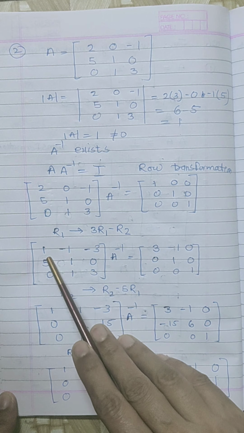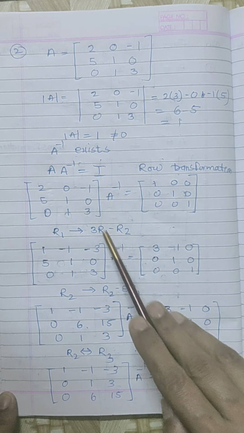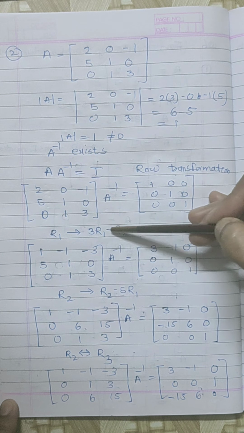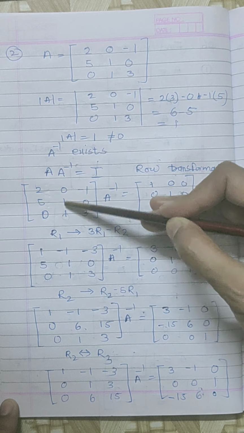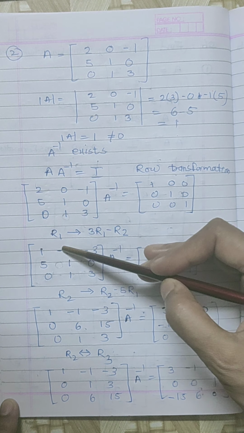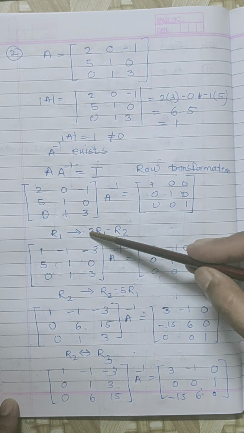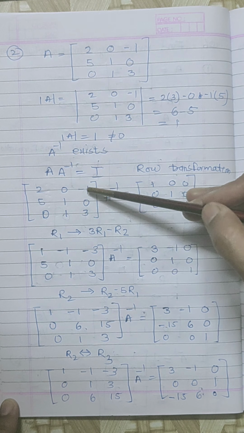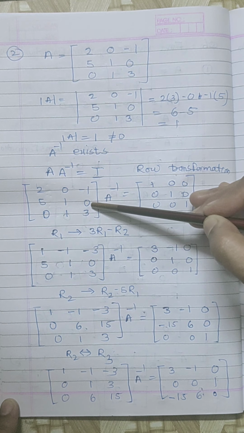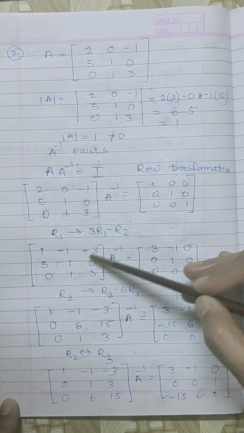So it becomes 1. Now 3R1 means 3 into R1, that is 0, minus R2. Minus R2 is minus and is 1. So it becomes minus 1. And 3R1 minus R2: 3R1 means 3 into minus 1, that is minus 3, minus 0 is minus 3.